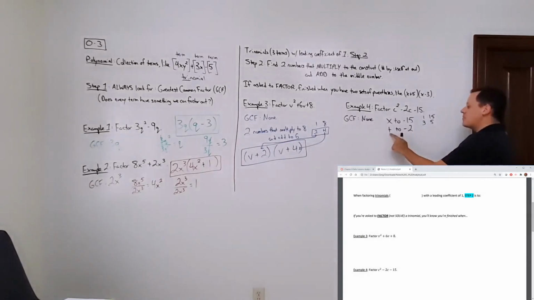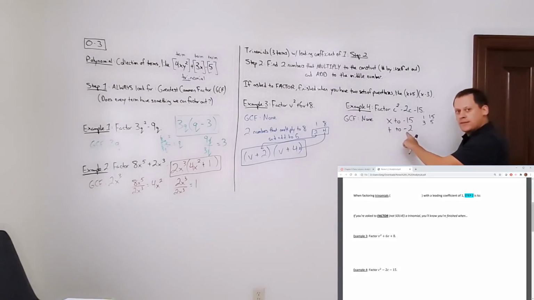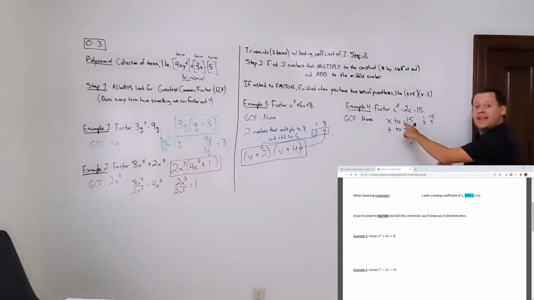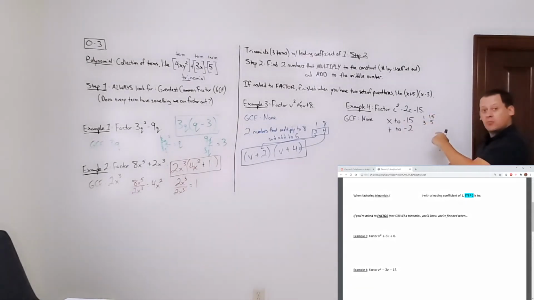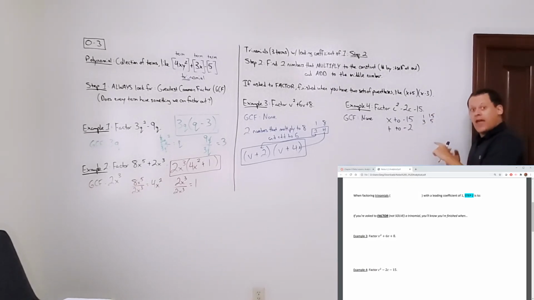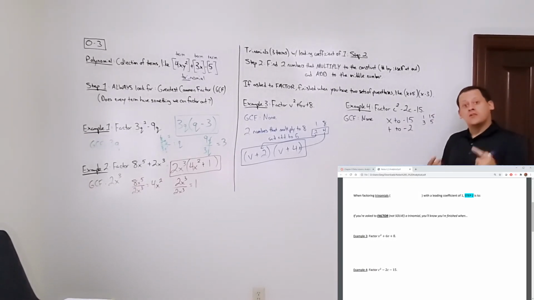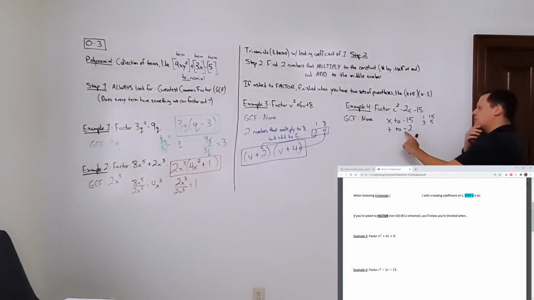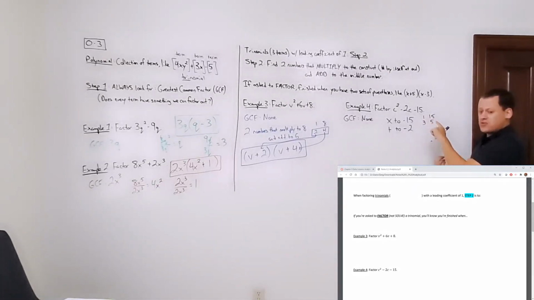So we need our numbers to add to negative 2, but they multiply to negative 15, which means one of these two numbers has to be negative, and we need them to add to negative 2. So what numbers are going to be able to add to negative 2? 1 and 15 aren't going to get us there. They're too far apart.